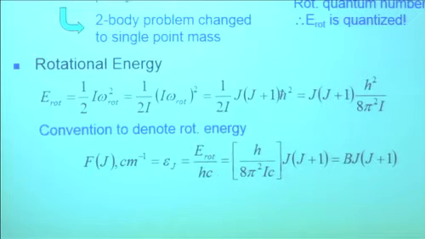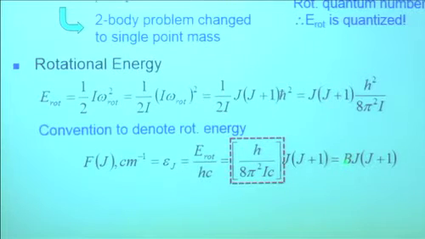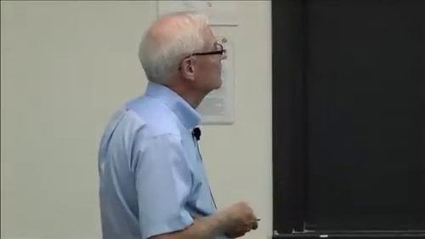And at this point, this quantity, h over 8 pi squared I c, is called B. B is the rotational constant for that molecule. So if I measure the spectrum, I'm going to get B, from which I can get I. And if I know the masses, I therefore know the reduced mass, I can get the internuclear spacing.